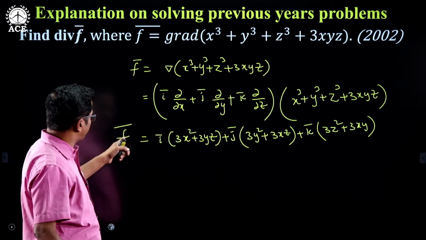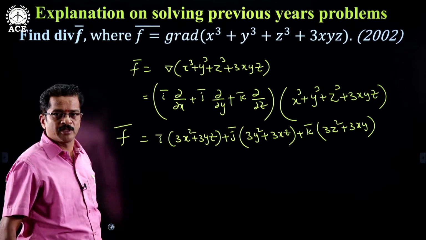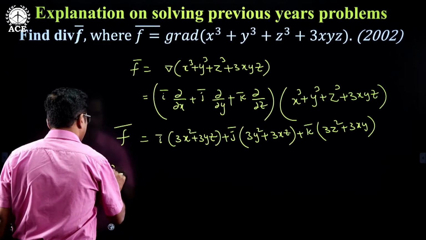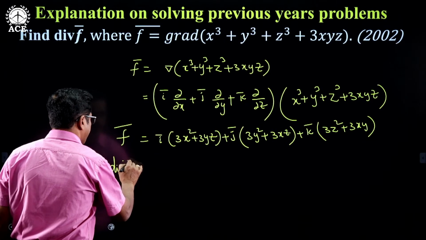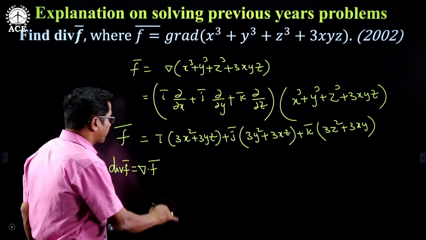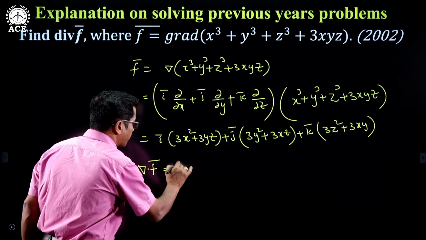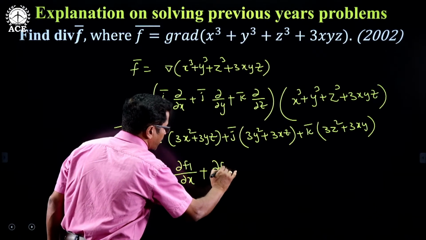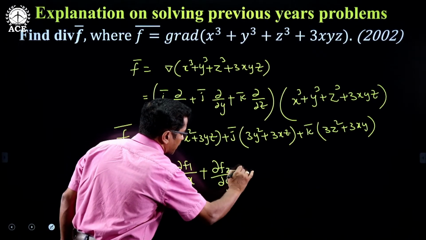For this vector function he is asking the divergence of F bar. Divergence of F bar means del dot F bar. Del dot F bar is ∂F1/∂x plus ∂F2/∂y plus ∂F3/∂z.